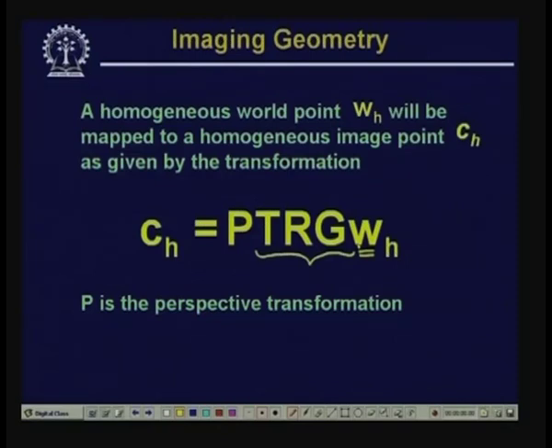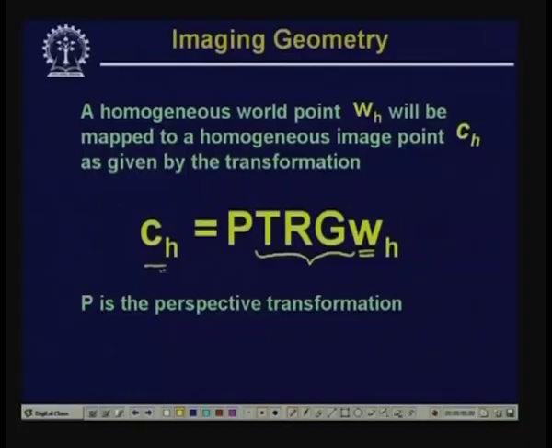And once I have this transformed 3D point, then simply applying the perspective transformation on it will give you the camera coordinate in the homogeneous form. So, now the camera coordinate C h is given by P T R G into W h.